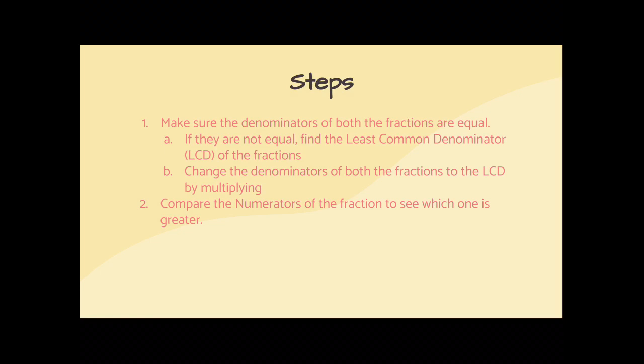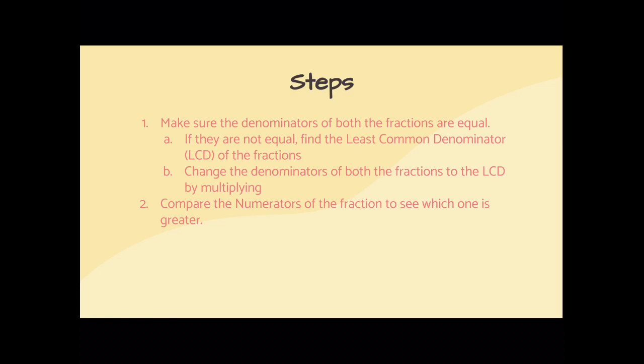So, some steps of comparing fractions. The first step is to make sure the denominators of both fractions are the same. We can only compare fractions once the denominators are the same. So if they're not equal, we have to find something called the least common denominator of the fractions.